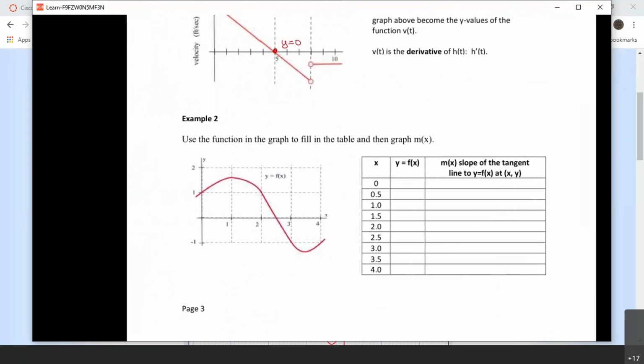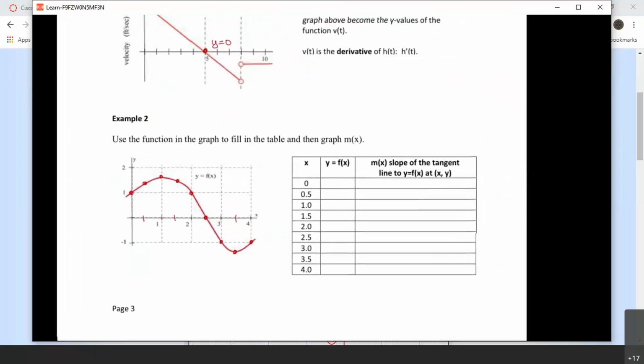So they give me some x values. I have 0.5, which is going to be like here, 1, 1.5, which is about here, 2, 2.5, 3, 4.5, and 4. So I've got a bunch of points and I made dots on the graph.